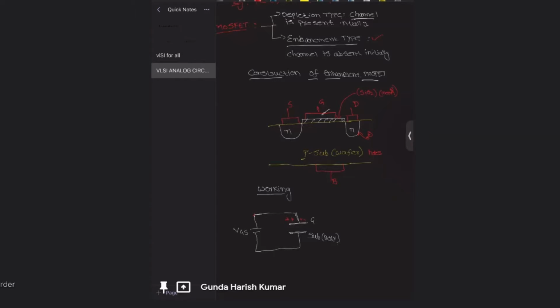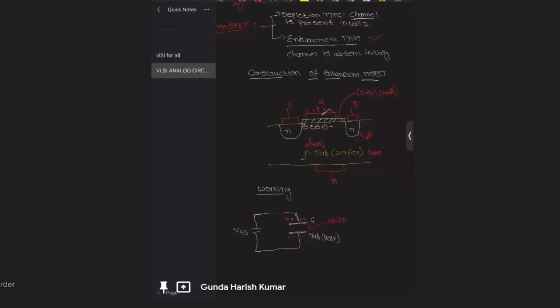If you apply a positive voltage here, the positive ions accumulate, and here negative will accumulate, and here we have an oxide. So here the positive ions will be accumulated. This positive will attract electrons present in this P sub. Electrons will be the minority carriers, but still these holes are the majority. It will push holes down and attract electrons up.